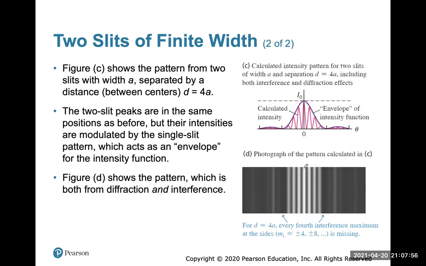Here's the m equals 0, the center line, 1, 2, 3 maxima, and the fourth one is missing because that's where the minimum is in the single slit diffraction pattern. Then we get a small local maximum, but even within that, you can see these 1, 2, 3 double slit interference maxima.